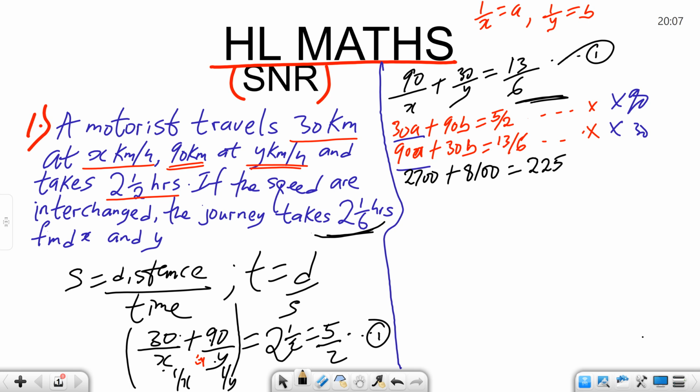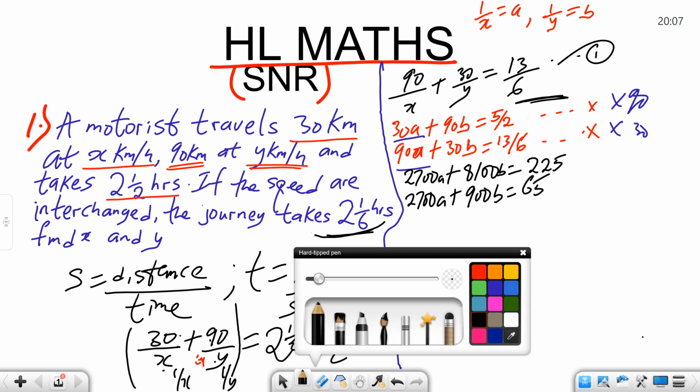Then multiply through the other equation by 30. 30 multiplied by 90, I'm having 2700a, plus 30 multiplied by 30, I'm having 900b, equals 30 multiplied by 13 over 6, I'm having 65.